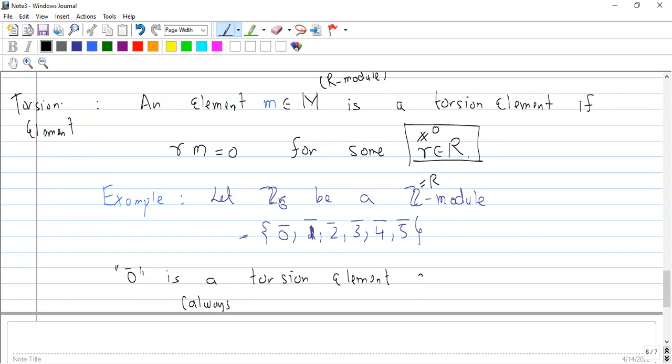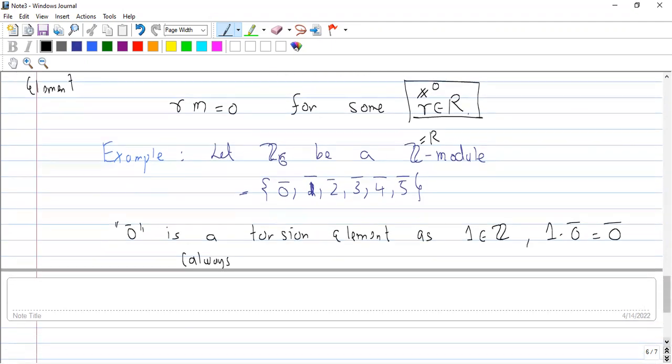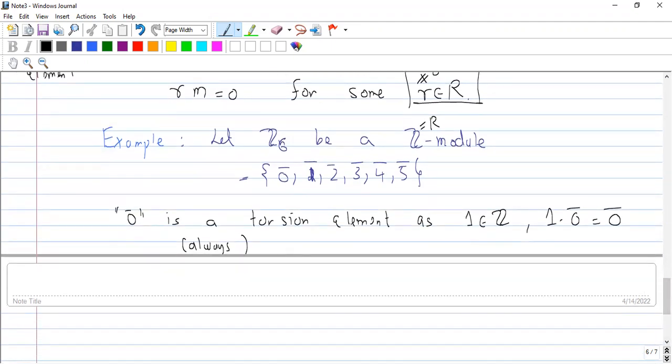In general, if 1 is an element of R and you multiply it with 0, you will get 0. That's why 0 is a torsion element.